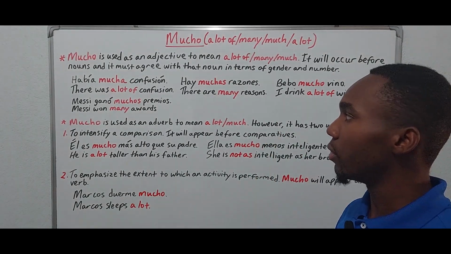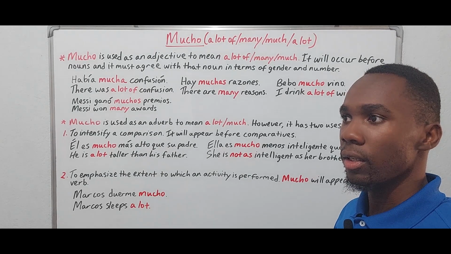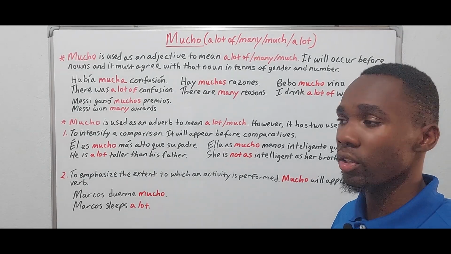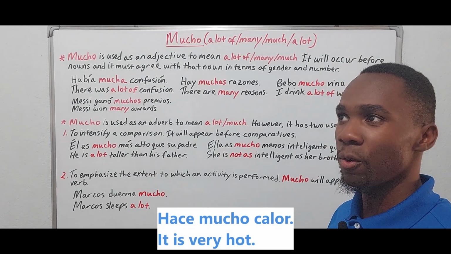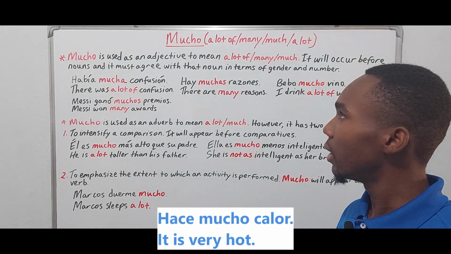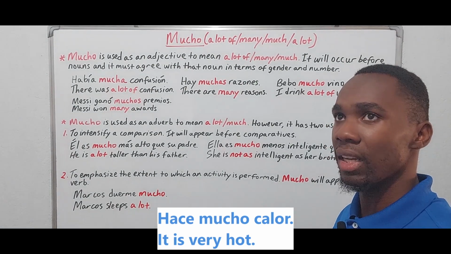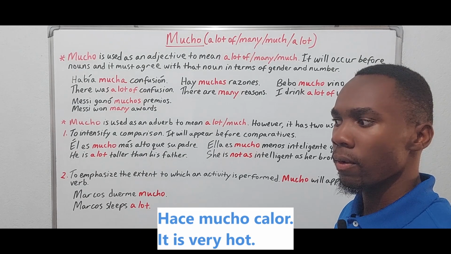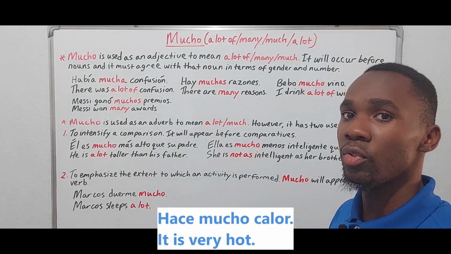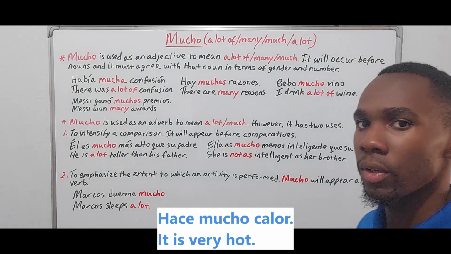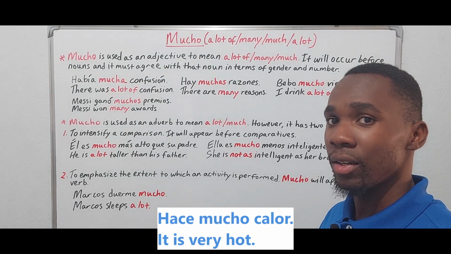Let me give you another example with the weather. I'm sure you've heard this before. Hace mucho calor. Now, you may say, well, that translates to it is very hot. But we're not using muy. Do you know why we don't use muy there? Because calor is a noun. We don't use muy with nouns.